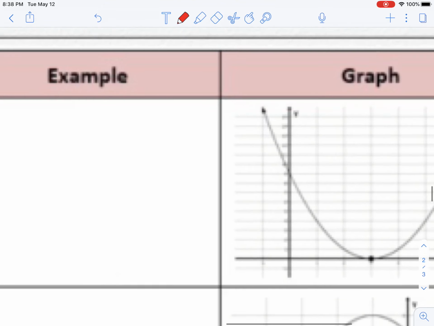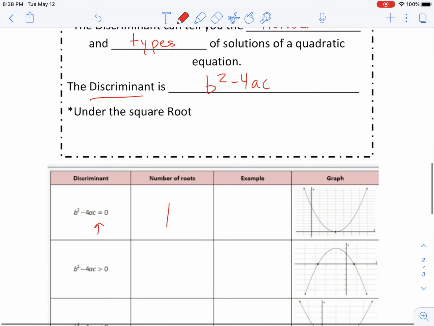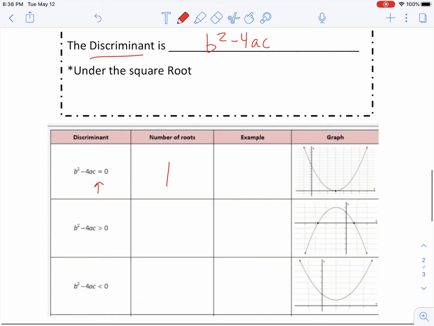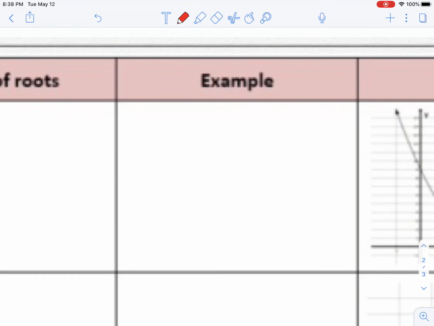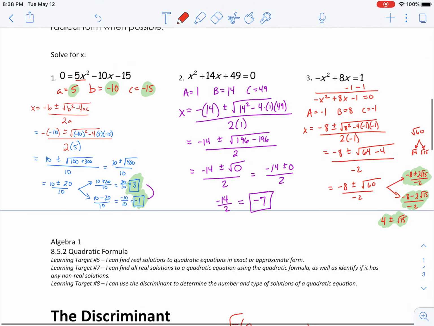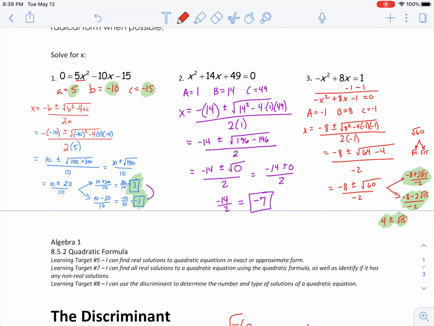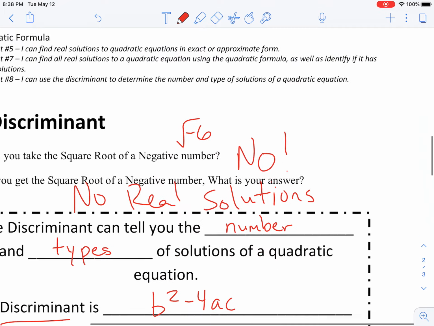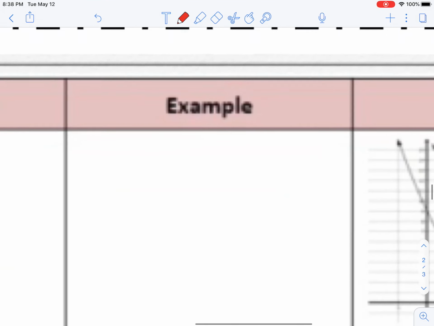For example, let's just do the example from up above. We had b as 14, a as 1, and c as 49.